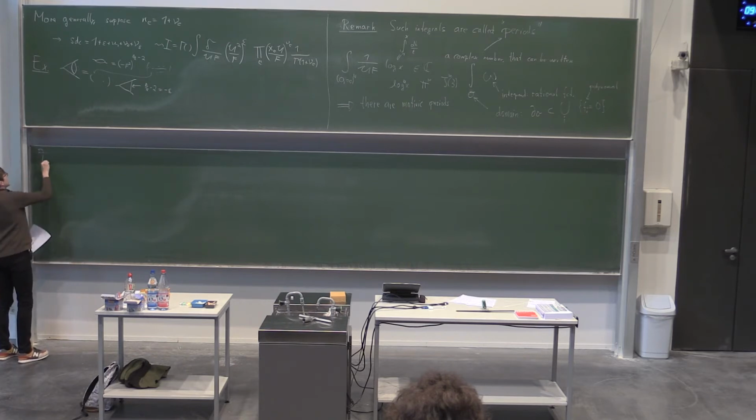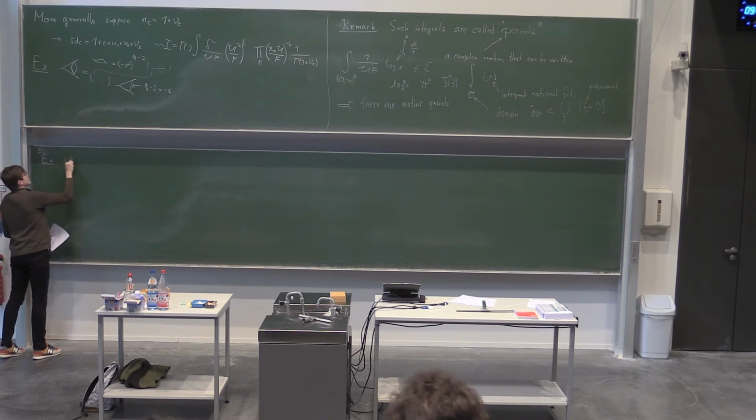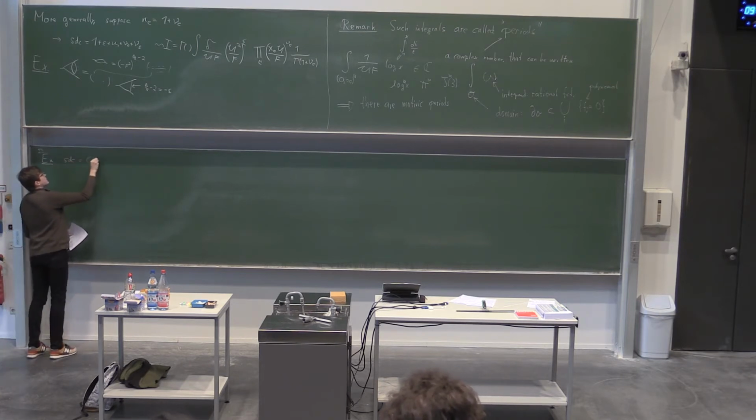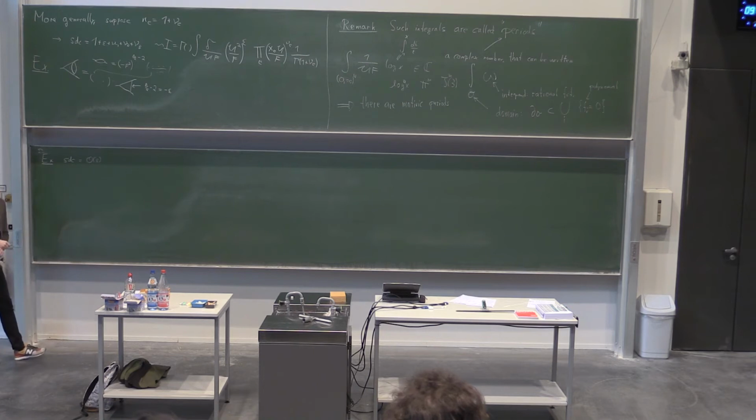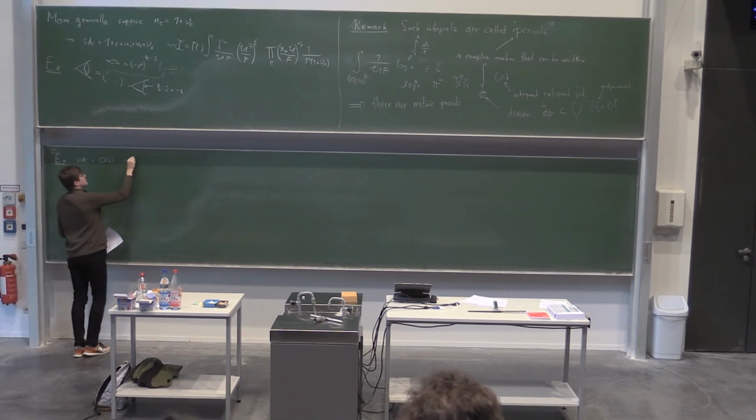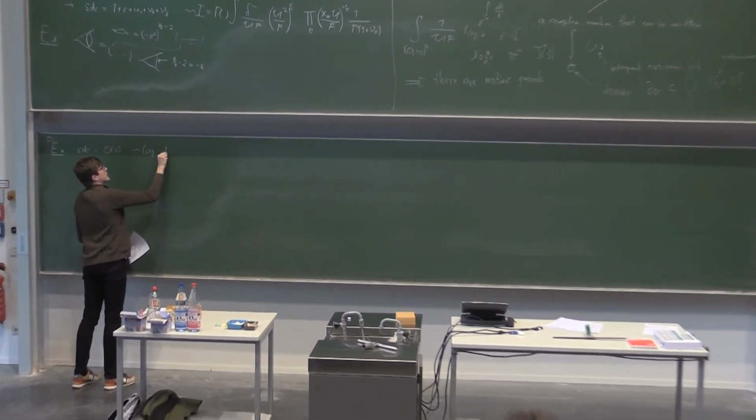One other example of periods is when the superficial degree of convergence is of order epsilon. So what happens if you're expanding around a point where the superficial degree of convergence is 0? This means you're looking at a logarithmically divergent integral.